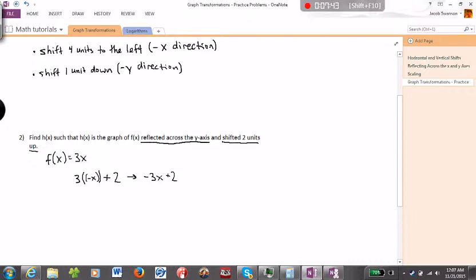And so that will be the answer. H of x will equal negative 3x plus 2. And that's the answer to 2.